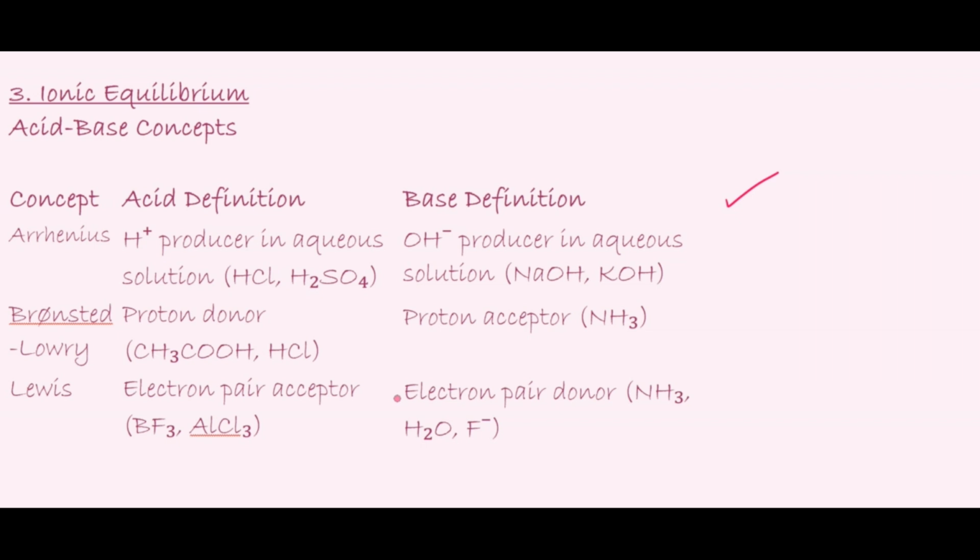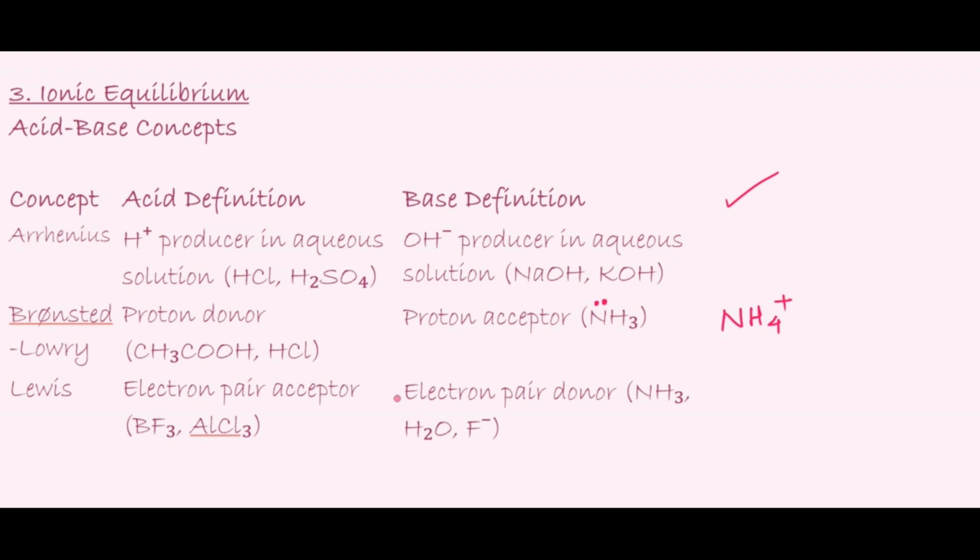A base should have the ability to accept a proton. Proton is H plus. For example, here you can see ammonia. It can accept the proton to form ammonium. So according to Lowry-Bronsted, ammonia is a base.